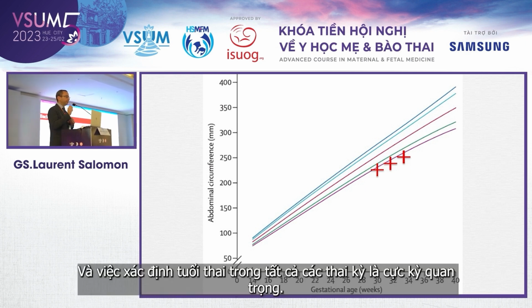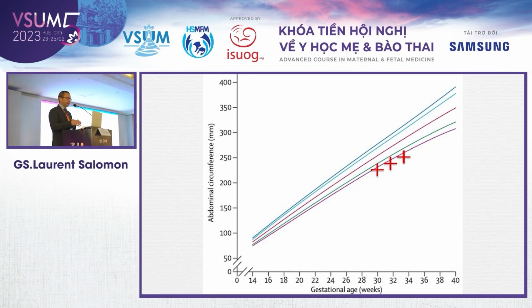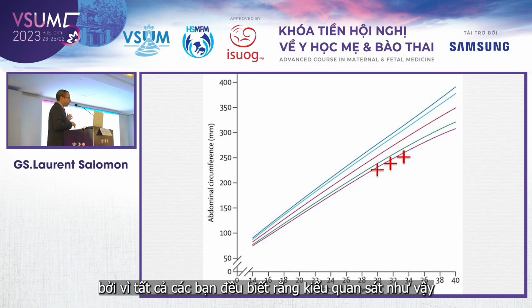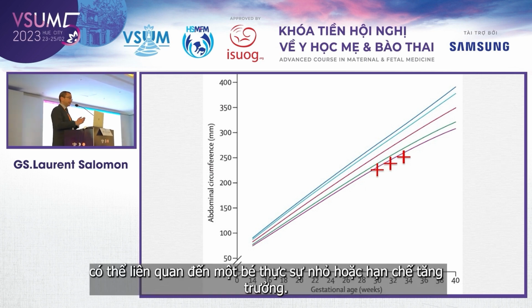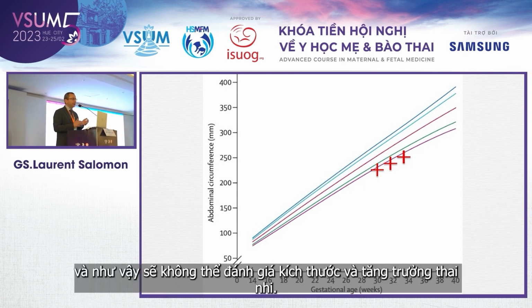It's extremely important to define gestational age in all pregnancies, and from now on we will assume that we know the gestational age. Because such an observation might relate to a baby that is indeed small or growth restricted, but it could also be some error in gestational age assessment. And if there is an error in gestational age assessment, it's impossible to evaluate fetal size and fetal growth.